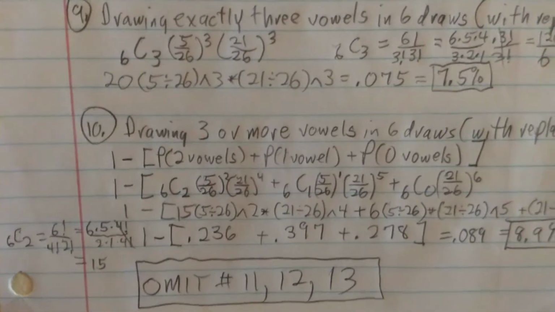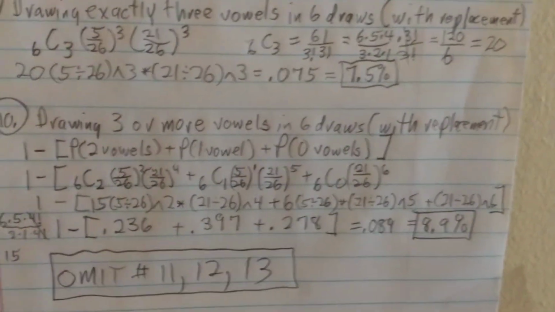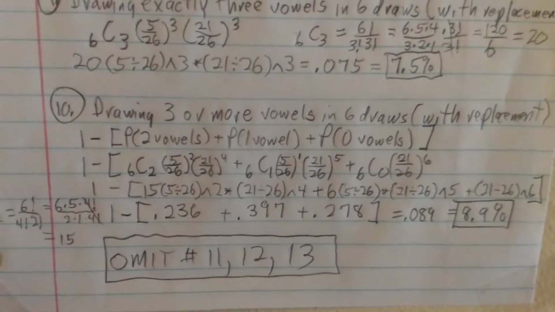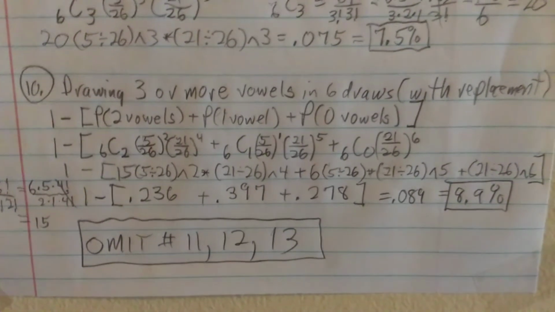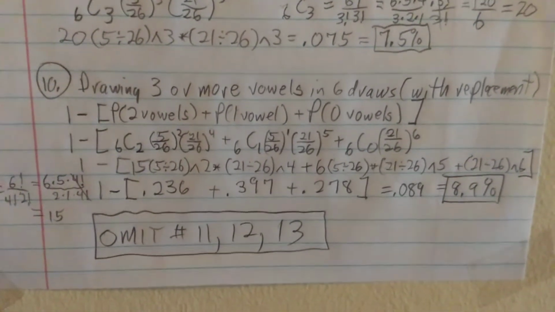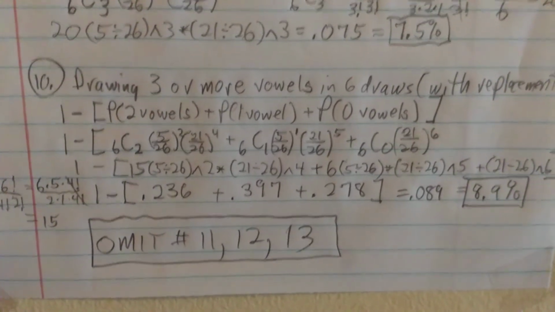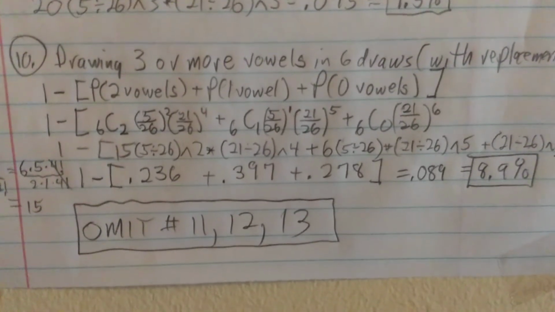Now 10, what's the chance of drawing 3 or more vowels in 6 draws with replacement? So that would be 1 minus, because we're going to use the complement idea. 3 or more vowels would be 1 minus not picking 2 vowels or 1 vowel or 0 vowels, because those would be not the case for 3 or more.